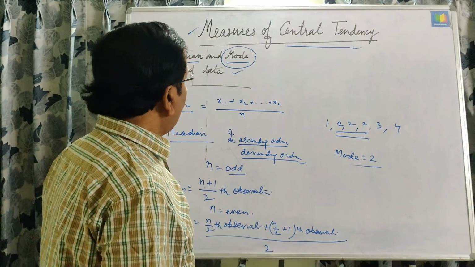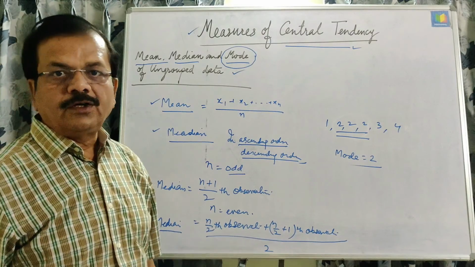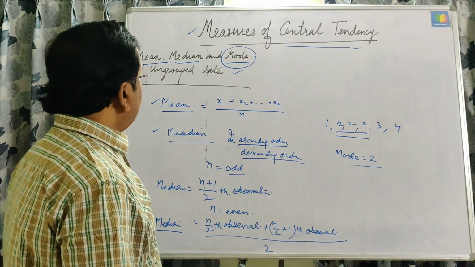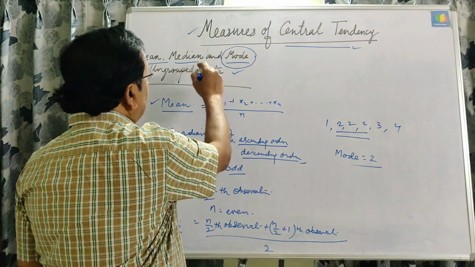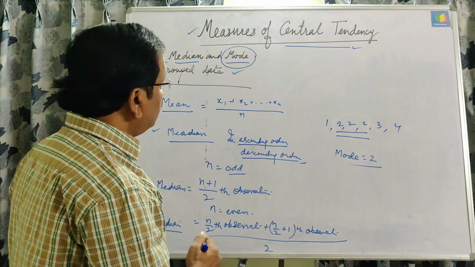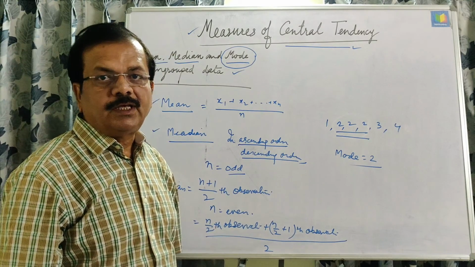Okay, this is all about mean, median, mode in case of ungrouped data. In the next video you will find mean, median, mode of grouped data. And this is a very important topic in ICSE and CBSE equally.